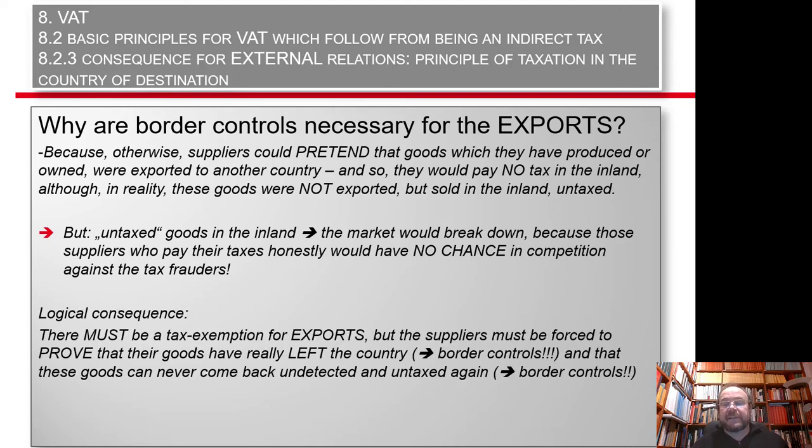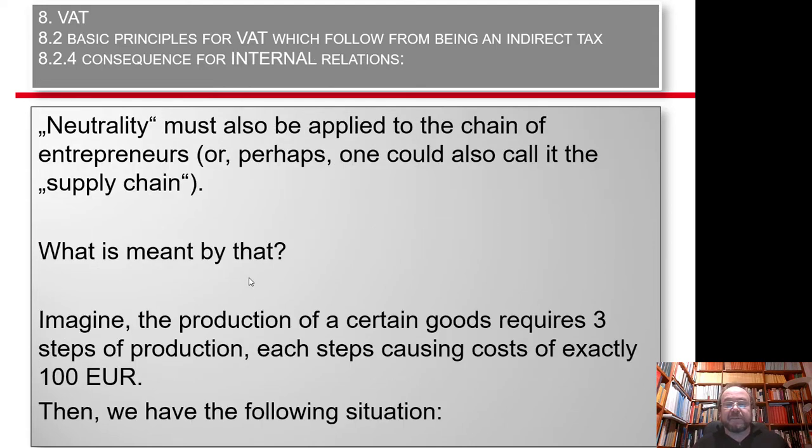Logical consequence, tax exemption for exports must be, but you must strictly be bound to give proofs that the good really left the country. Otherwise, you can directly close down all your economy and pack a rucksack and leave your country and spend the rest of your life somewhere poor in the desert of the Sahara also, or travel around the world as a backpacker and enjoying life, because you will never ever have a functioning economy in your territory anymore.